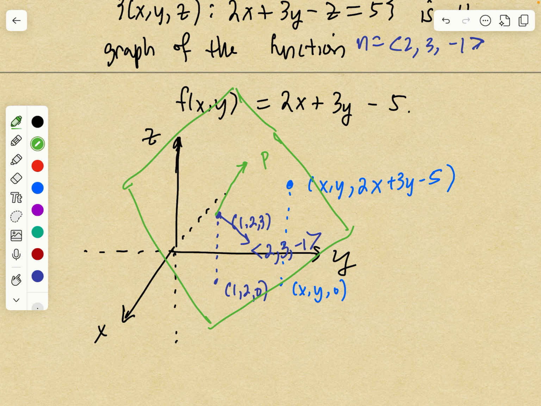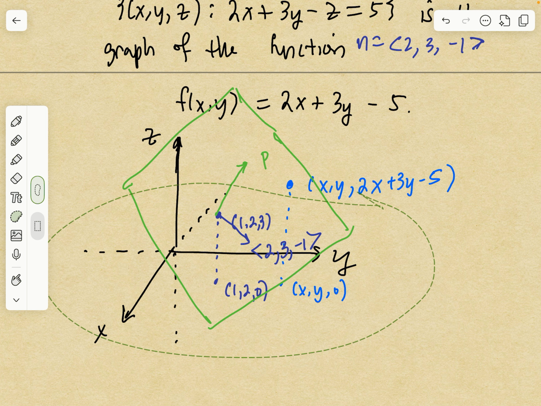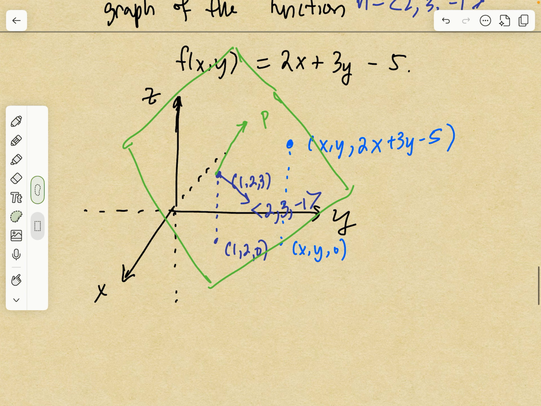So that's a sketch of this plane. I'm thinking of this as the graph of this function f of xy. If you plug in all the xy points on the xy plane into this function and graph, you plot all the points you get, you're going to get this plane.